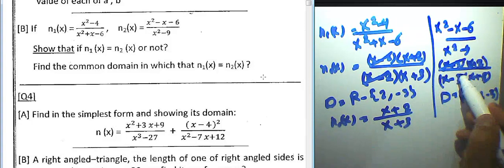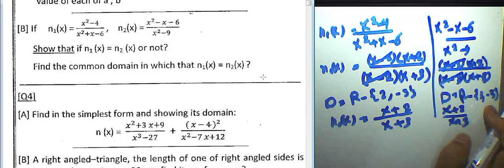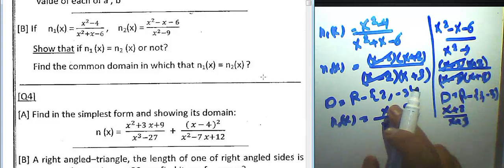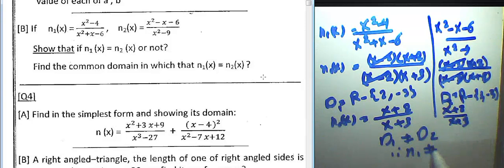We can cancel negative by negative here, then (x + 2)/(x + 3). We have different domains: domain 1 does not equal domain 2, then n1 is not equal to n2.